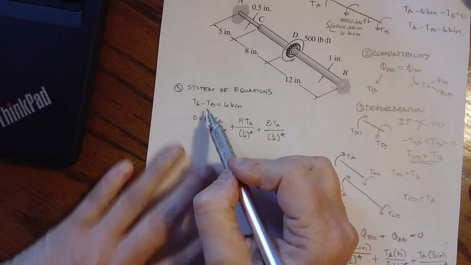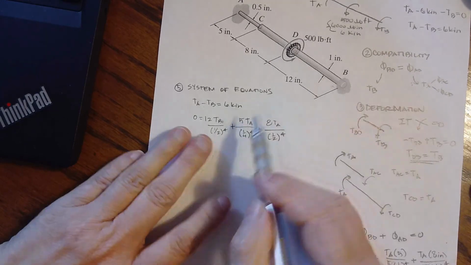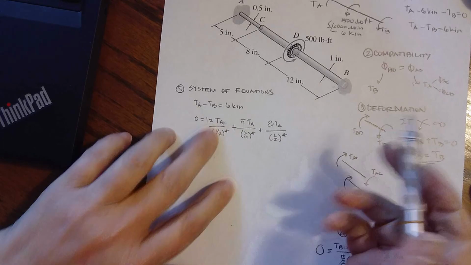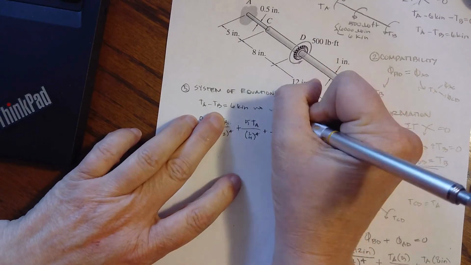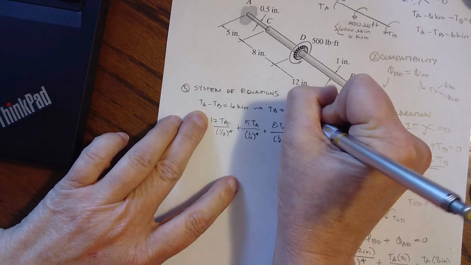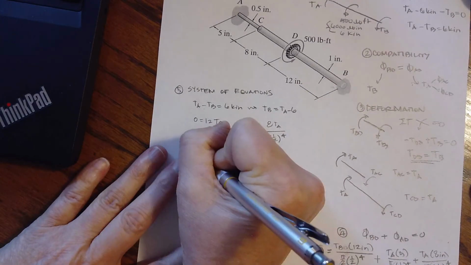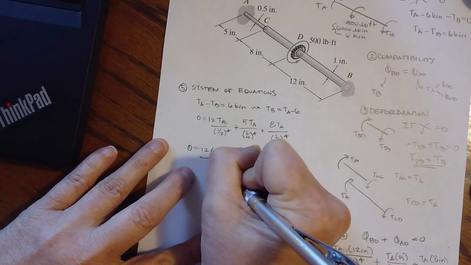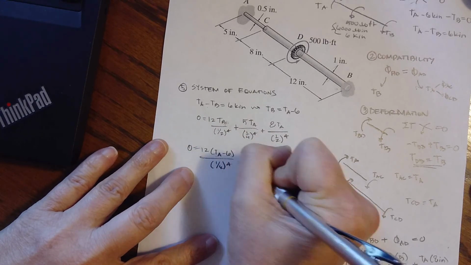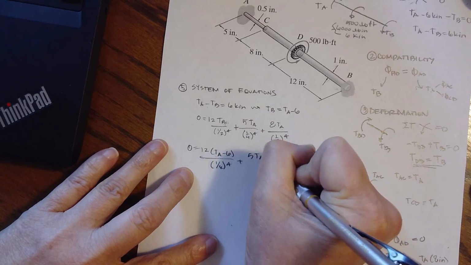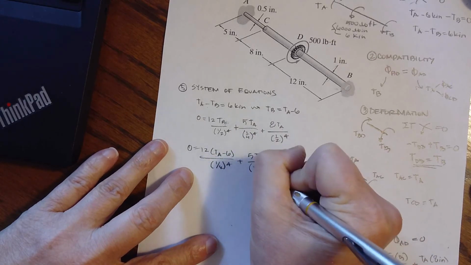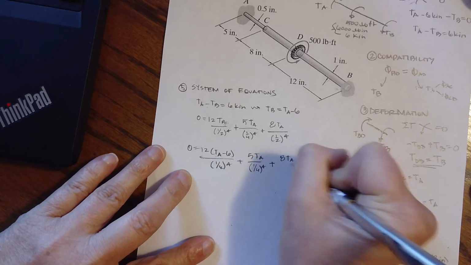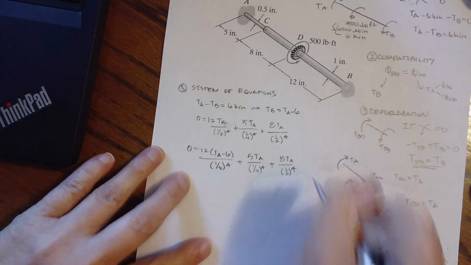So I'm going to go ahead and solve that. Let's get it in terms of B in terms of A so that we don't have to substitute twice. So we have TB equals TA minus 6. So we have 0 equals 12 times (TA minus 6) over 1/2 to the 4th plus 5 times TA over 1/4 to the 4th plus 8 times TA over 1/2 to the 4th.